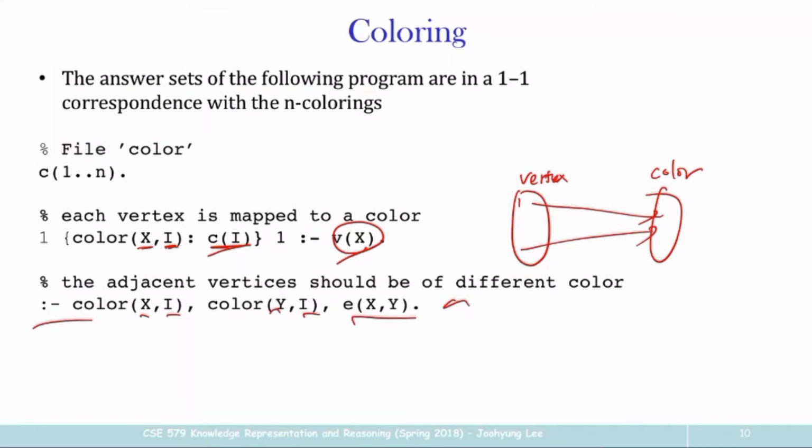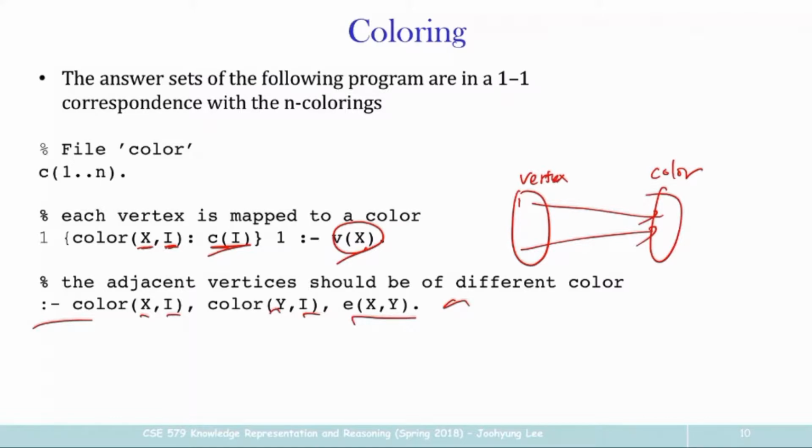They are the solutions to the coloring problem. So each of the stable models records a solution to the given problem. It's actually a one-to-one correspondence between the set of stable models generated here and the solutions of the actual problem.